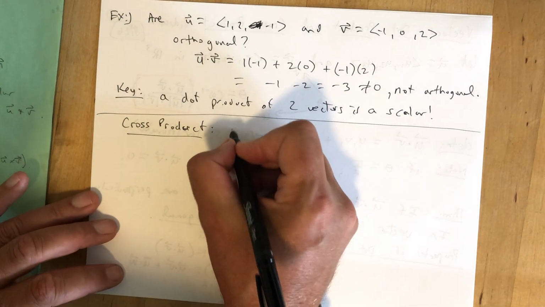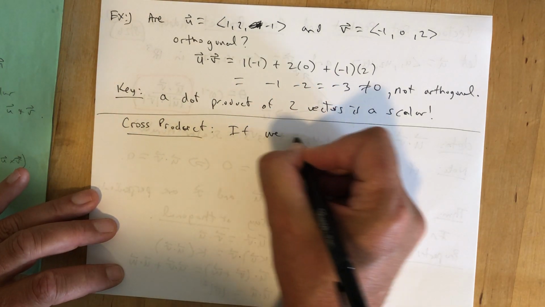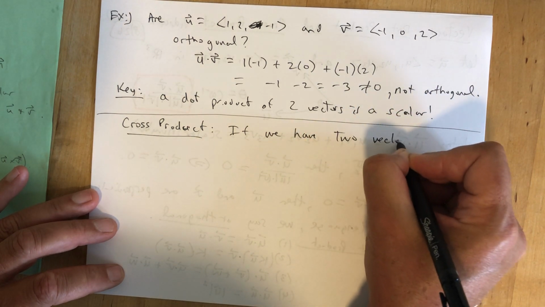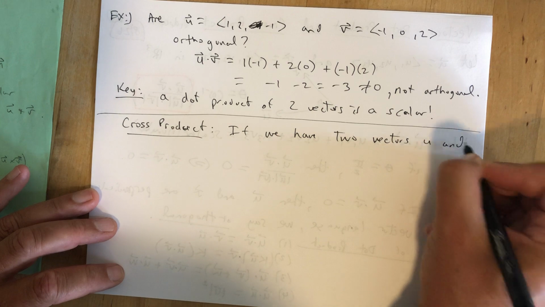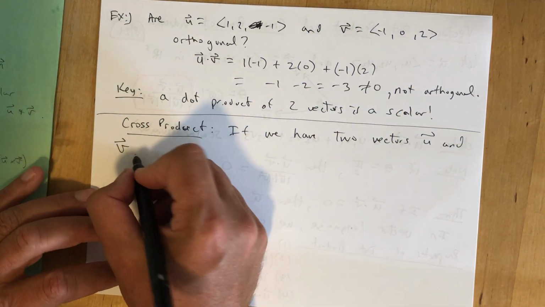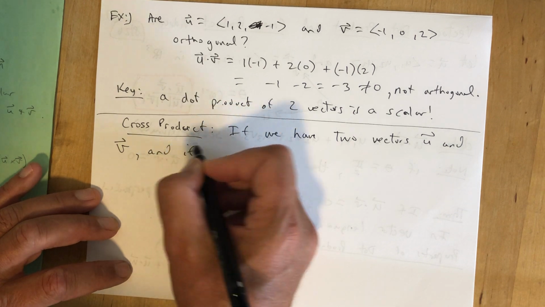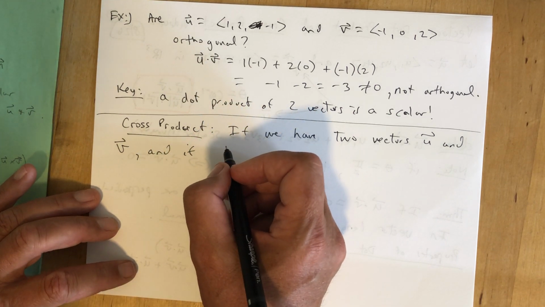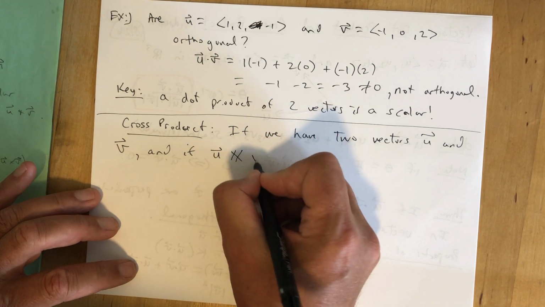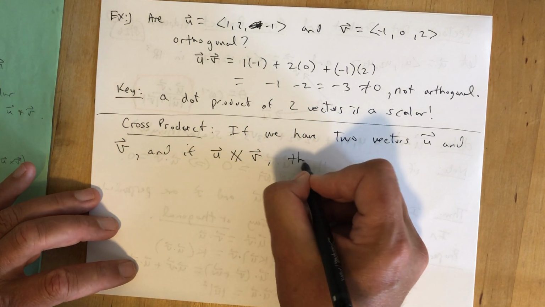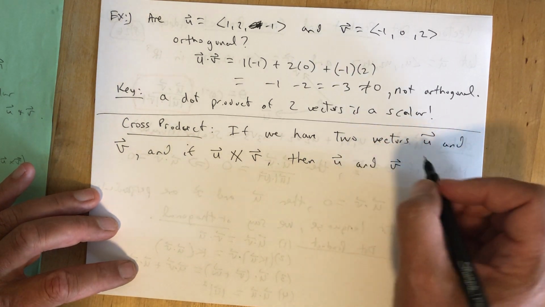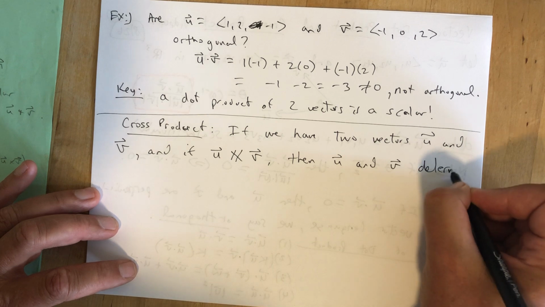If we have two vectors u and v, and if u is not parallel to v, then u and v determine a plane.